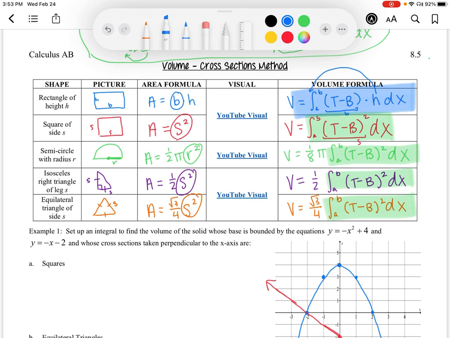But you can use that to your advantage. Work smarter, not harder. If you're asked to find any of the green ones, you really only have to find the integral once, and then just multiply it by the different things that are out in front here. So when you think about it, yes, it's a lot of formulas, but they're all very, very similar.